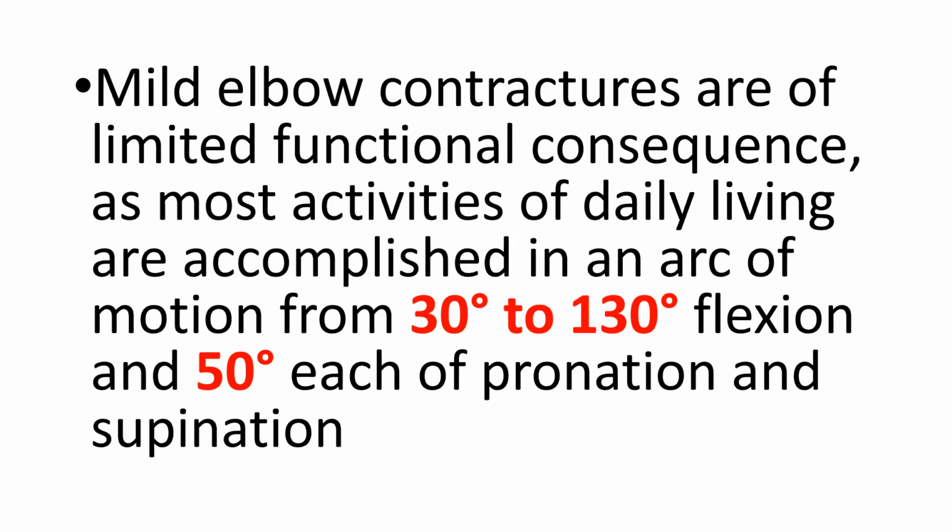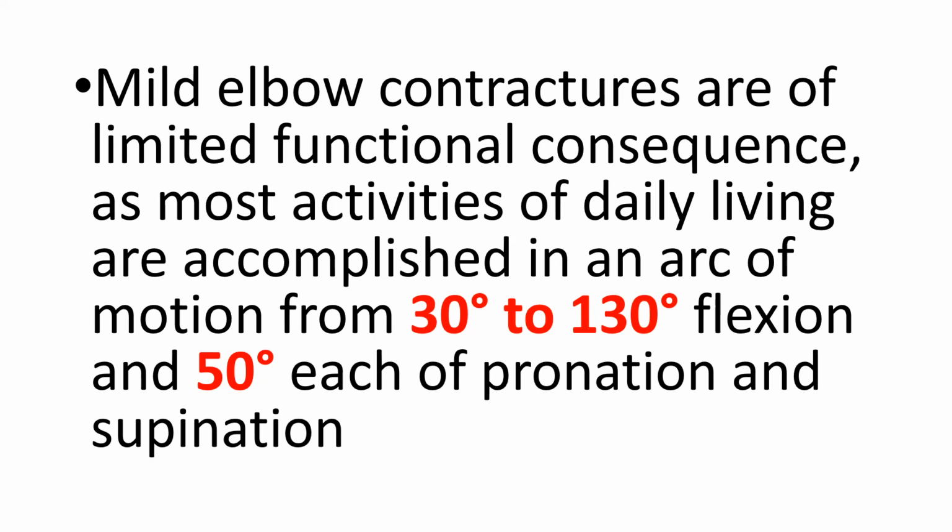Mild elbow contractures are of limited functional consequence, as most activities of daily living are accomplished in an arc of motion from 30 to 130 degrees. So we don't use the 0 to 145 degrees.